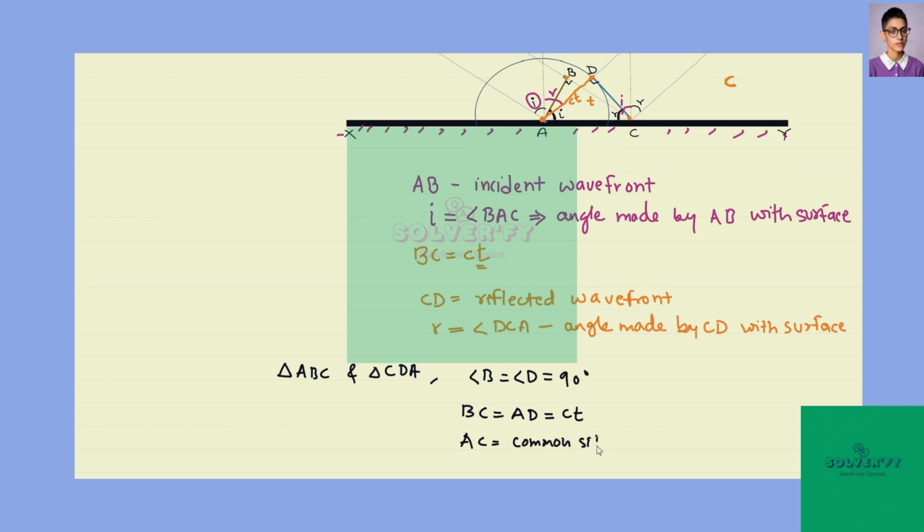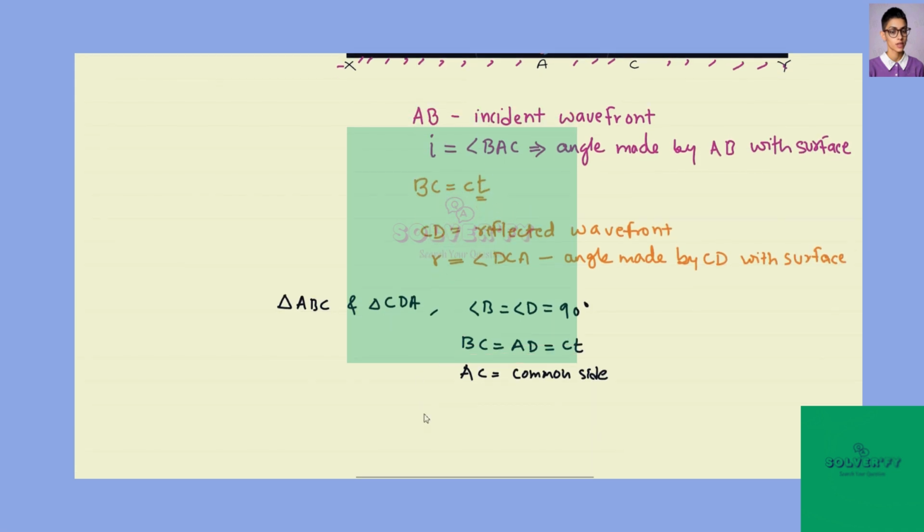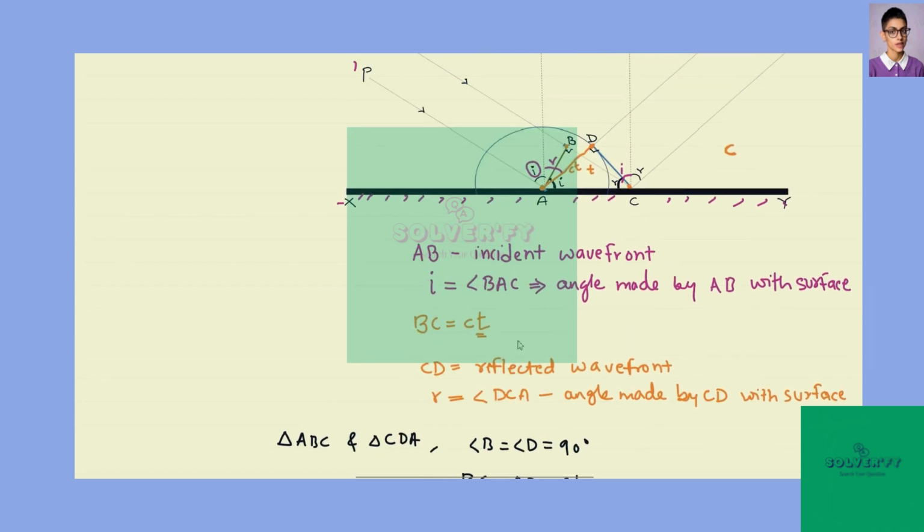As the two sides and the angle are the same in these two triangles, I can say triangle ABC is congruent to triangle CDA. And hence I can write that angle BAC is equal to angle DCA, and as angle BAC is angle I and angle DCA is angle R, the same as the angles of incidence and reflection, as you may see in this figure.